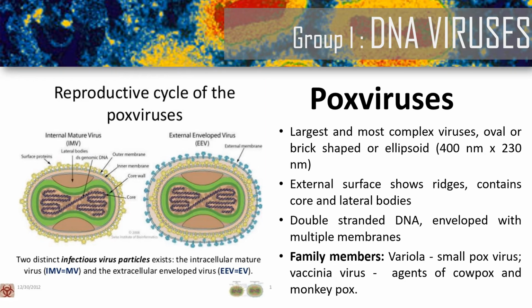So, the causative agent of your cowpox is your vaccinia virus, which is somewhat similar to your variola in terms of their structure. So, naging effective na gumamit ng cowpox as a vaccine for your smallpox.